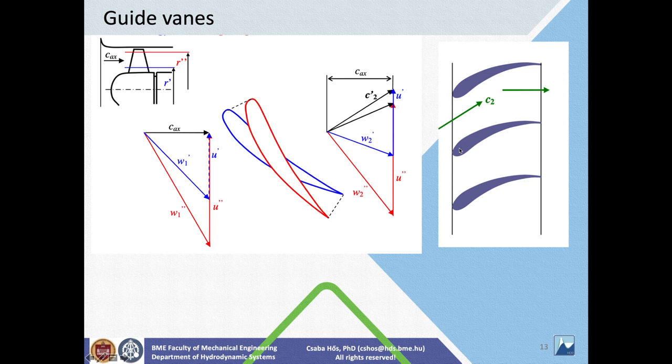So let's go back to the velocity triangles, which we have already done. So have a look at this figure. We have an axial machine and we have plotted here the velocity triangles at a smaller and at a larger radius. Okay, so the small one is the blue one, the red one is the larger one.